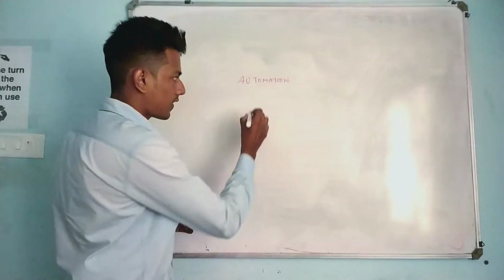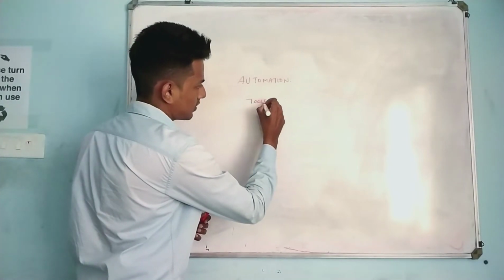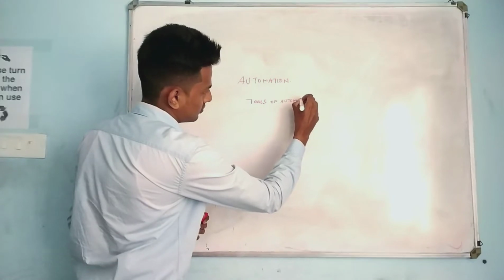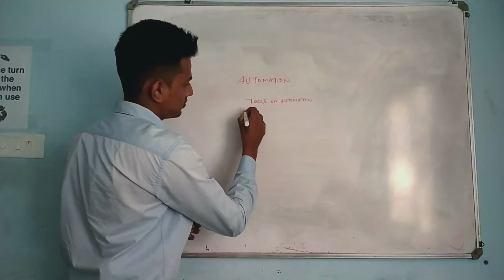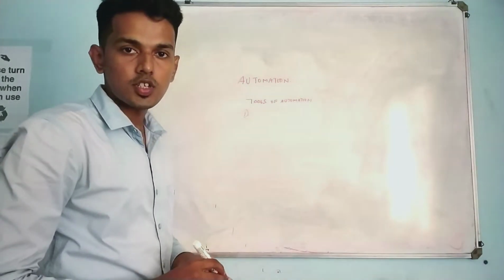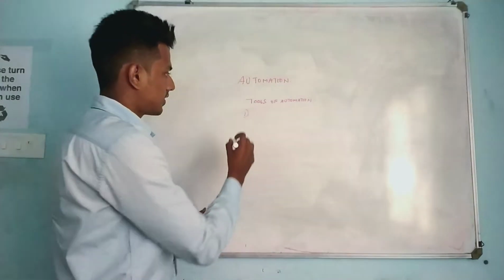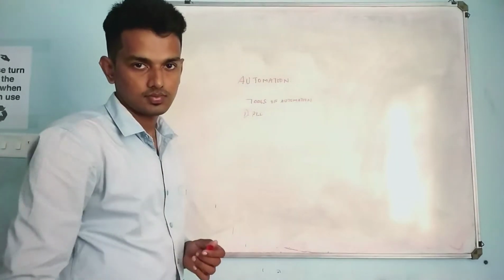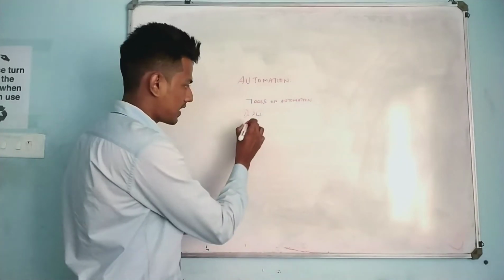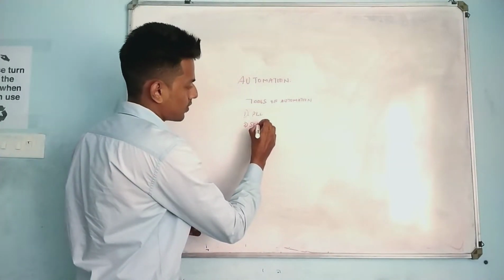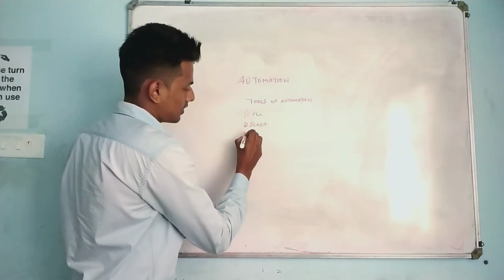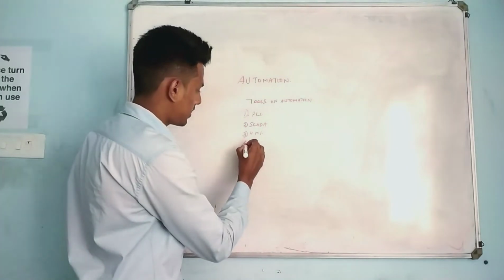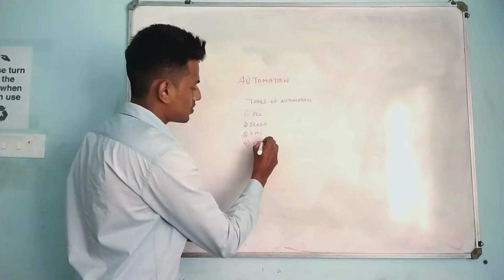Now, what are the tools of automation? Tools of automation means whatever tools we use for doing this automation, right? The first one is PLC, the second one is SCADA, the third one is HMI, and the fourth one is VFD.